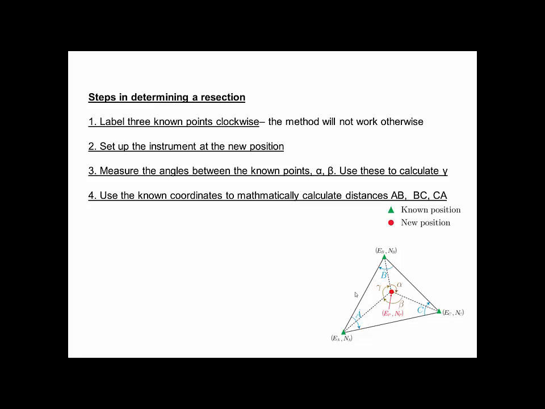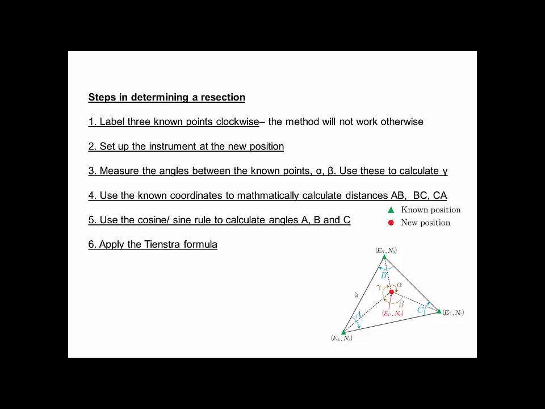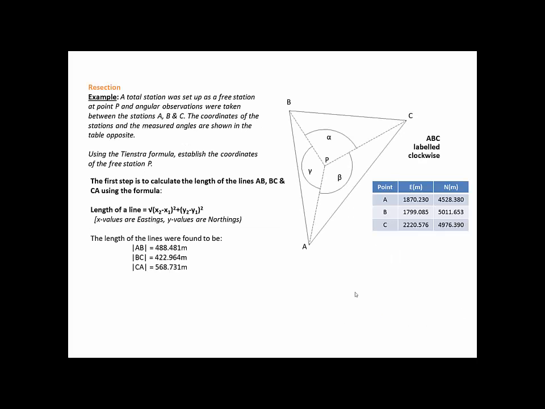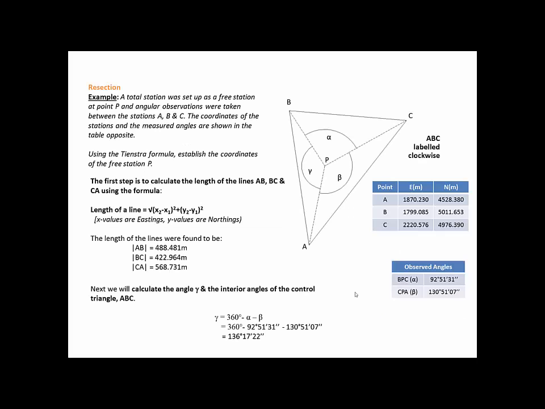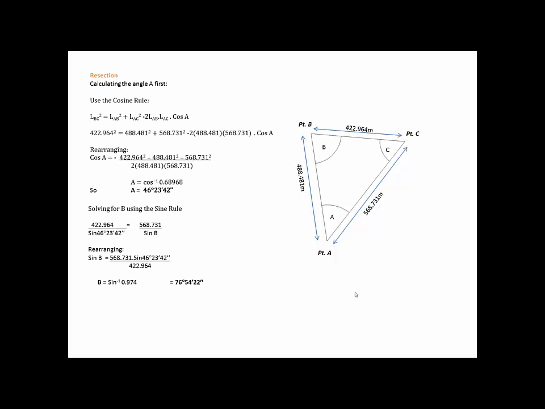Use the known coordinates, that's EA, NA, EB, NB, and EC, NC, to mathematically calculate the distances between those three known points, AB, BC, CA. Use the cosine and the sine rules to calculate angles A, B, and C. And apply the Tienstra formula. And then that really is all there is to it. So have a look at the example I went through in the lecture notes.